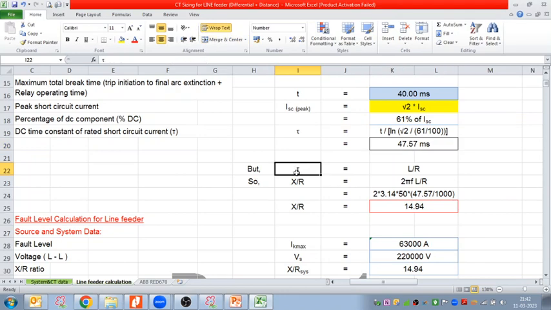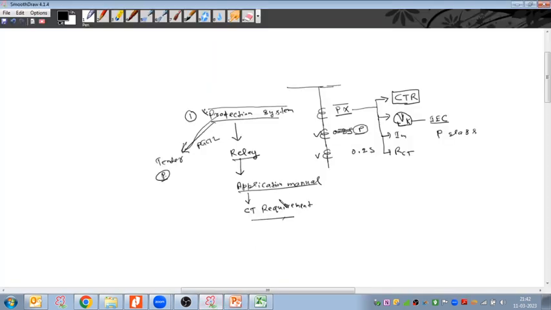Now we know that the time constant tau is equal to L by R, and we want to calculate the source resistance and reactance, X and R. We know tau, which we calculated, and tau is equal to X by R. So we want to calculate the source X by R. X is 2 pi f L divided by R, and tau is L by R, the time constant.